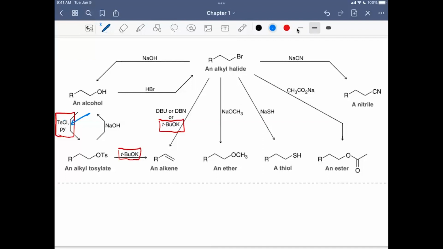You can see that comma pyridine, and that changes an alcohol, which is a bad leaving group, into a good leaving group. And that can completely change whether you're doing substitution or elimination. Because we know you want to do Sn1 if you're dealing with a bad leaving group or a weak nucleophile. But if we can change our leaving group to a good leaving group, it can change what kind of reaction we do, whether that's Sn1, Sn2, or E1, E2, stuff like that.